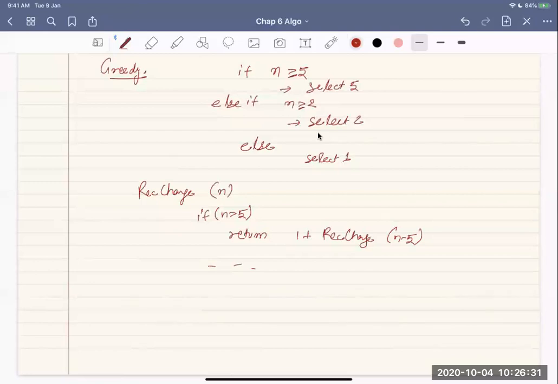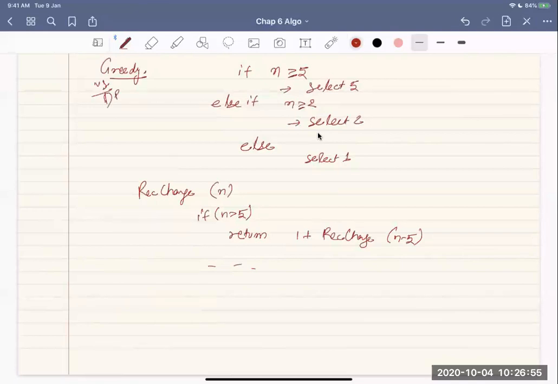And that will be your greedy algorithm. This will give you the same optimal solution that you were getting by dynamic programming, with less computation, by just making a greedy choice. You're not computing all 3, you're just taking one choice. So this is the difference between greedy and dynamic programming.